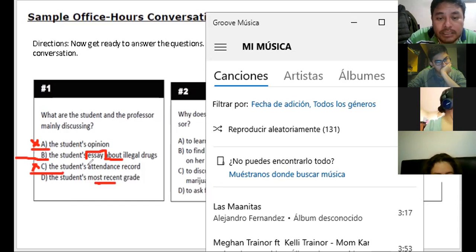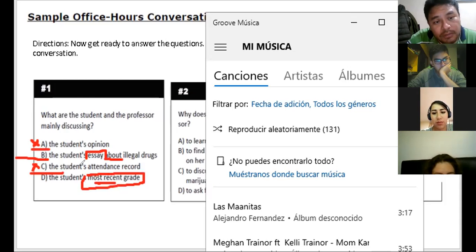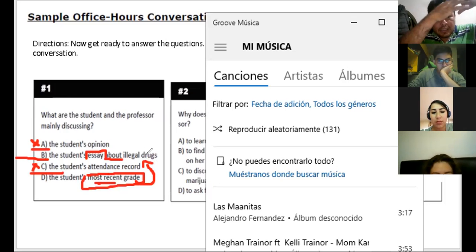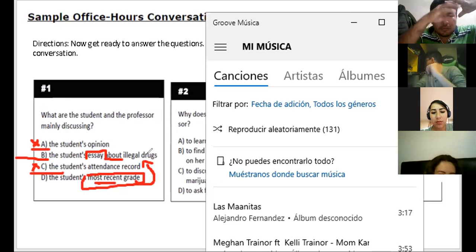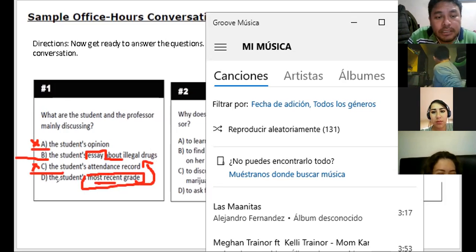Why not the recent grade? Because it's only the introduction of that part. We could say it was the general idea of this essay, like the top, and this goes all deep. So the correct answer is letter B.